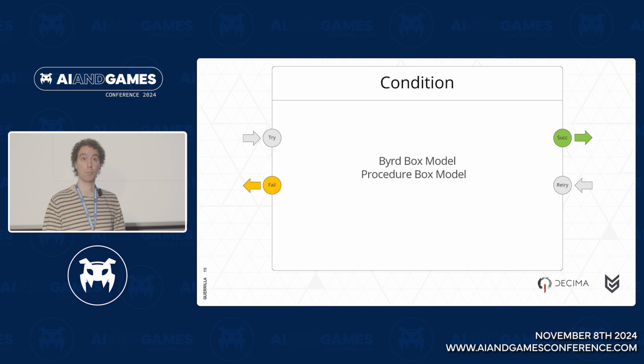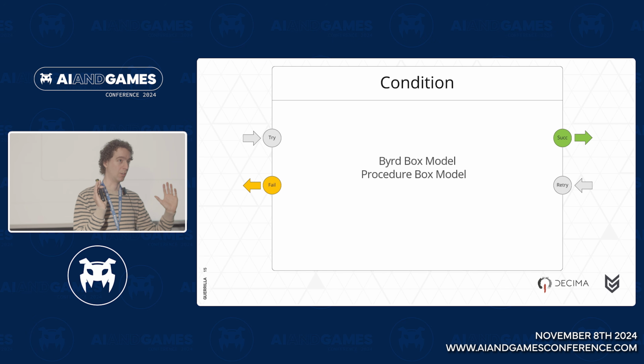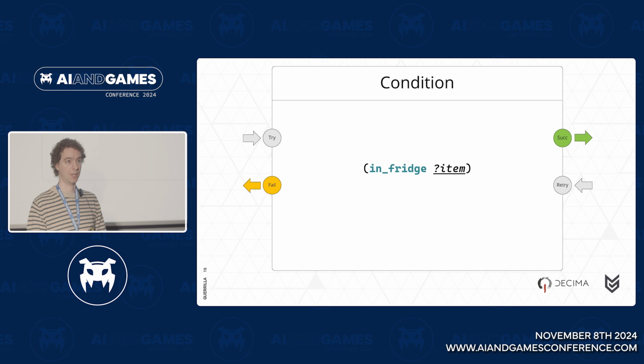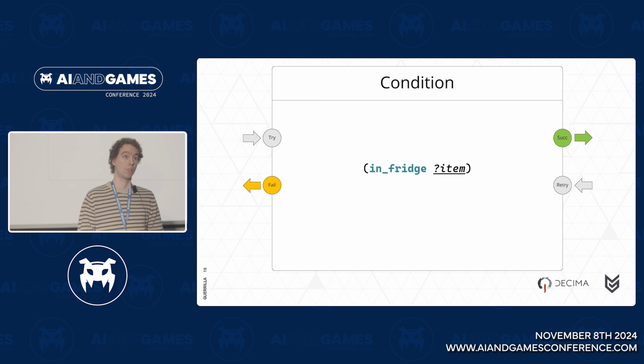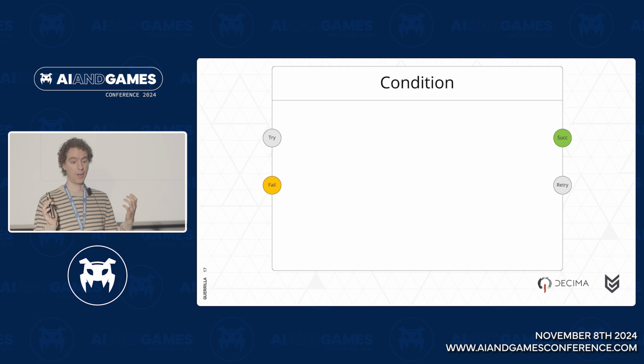So those of you that know Prolog may be familiar with this. It's based on a bird box model or a procedure box model. And see this as a solver for a specific query. You could take this query in mind, but the process applies to all conditions. So we'll try to find a solution for our query. These circles represent entry and exit points.